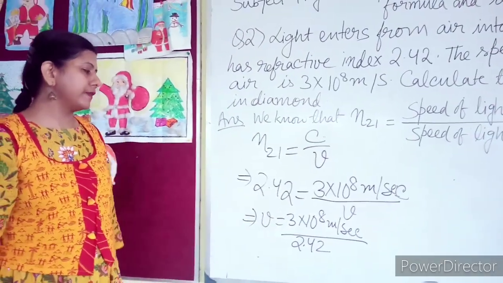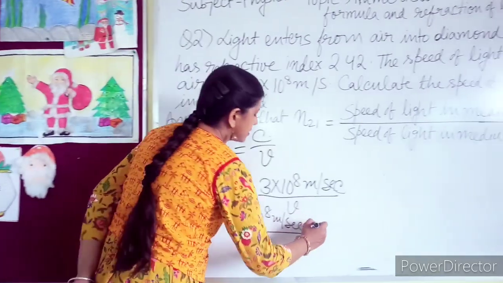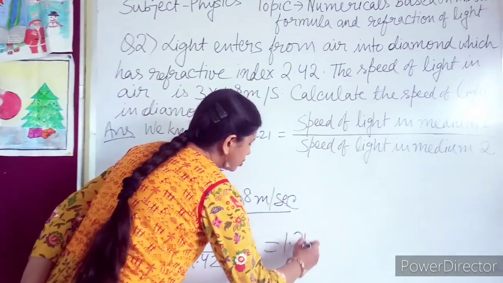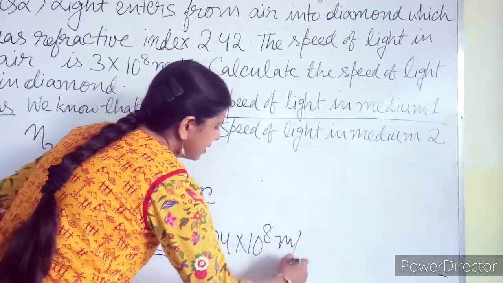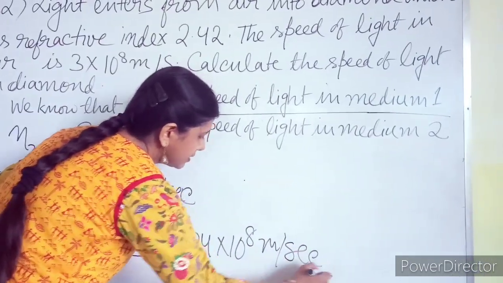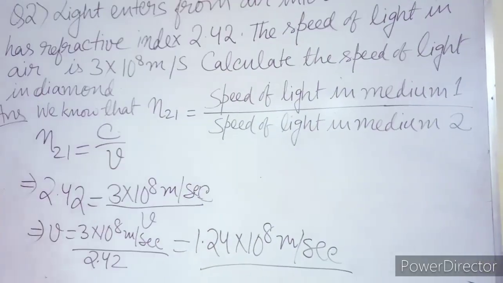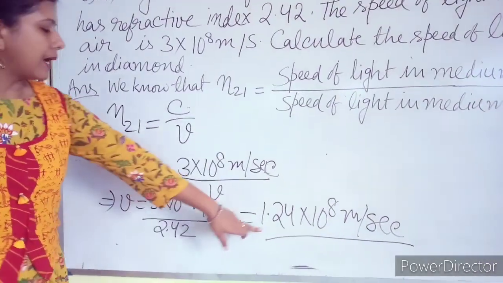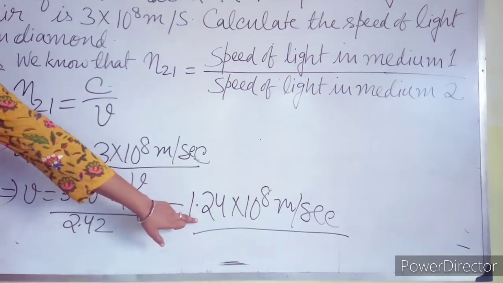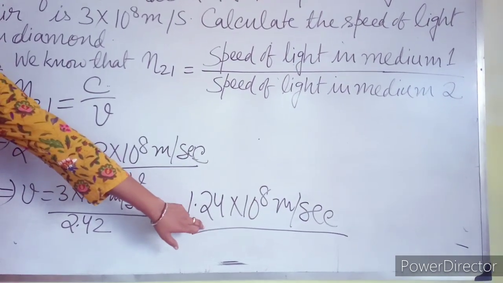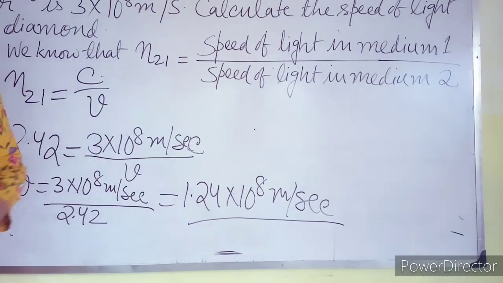If you solve it, then you will get the answer as 1.24 into 10 to the power 8 meter per second. I have already solved it previously and then I am writing. So the speed of light in diamond is 1.24 into 10 to the power 8 meter per second.